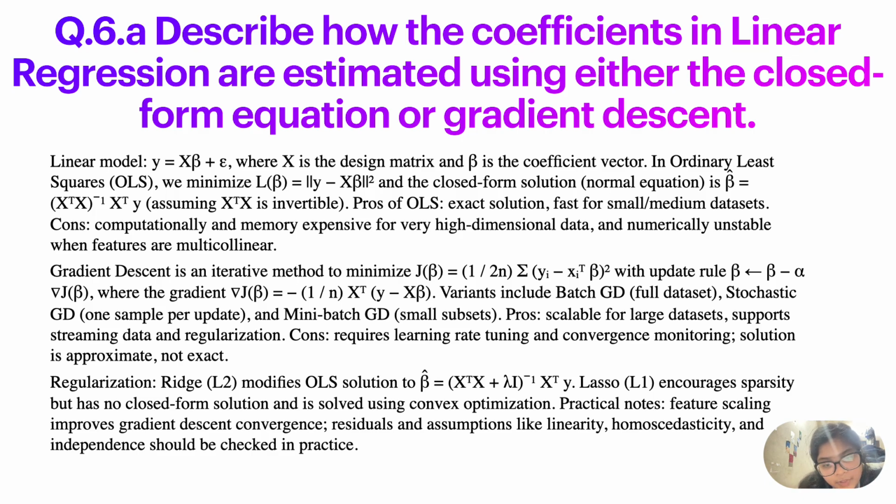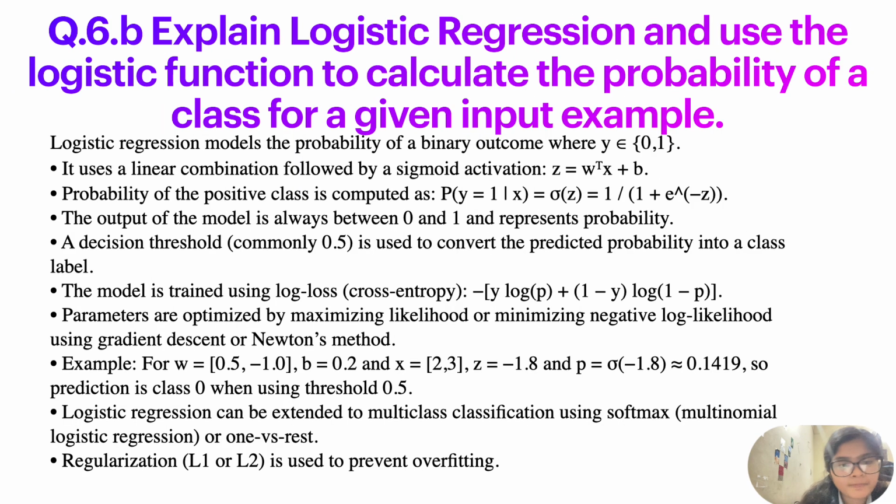Lasso encourages sparsity but has no closed form solution and is solved using convex optimization. Practically, feature scaling improves gradient descent convergence. Residuals and assumptions like linearity, homoscedasticity, and independence should be checked in practice.